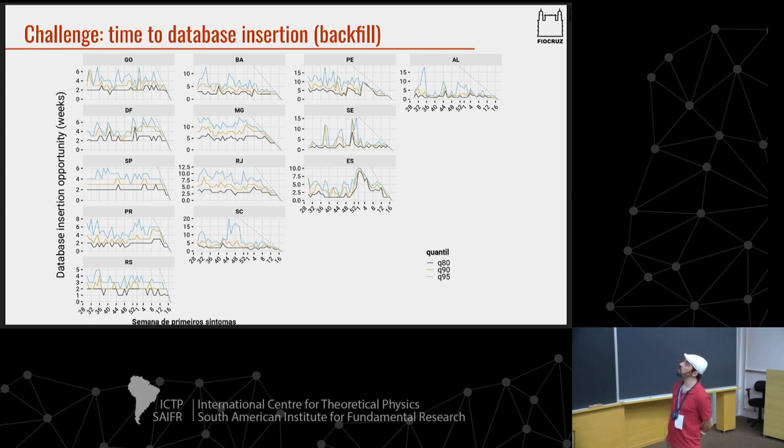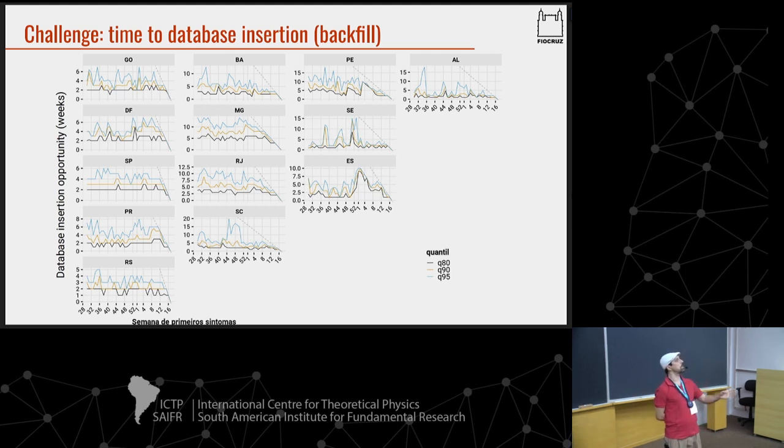And after 4 to 5 weeks, we already have 95% of all the cases that happen at a given time already inserted into the database. But I remind you that 4 weeks is already 1 month, right?